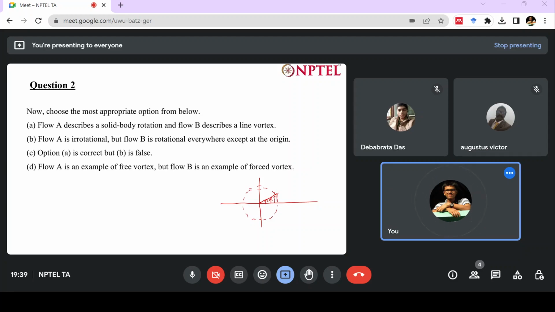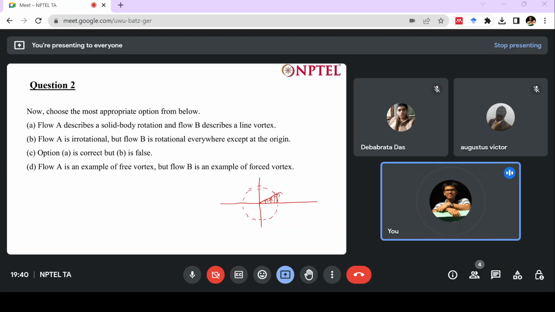At the center of rotation, obviously the velocity is zero, and until you go to the edge of that eye region, the velocity is increasing linearly. Outside this, nothing is actually forcing the fluid to move around. The only thing giving it its velocity is this inside region which is undergoing a rotation.